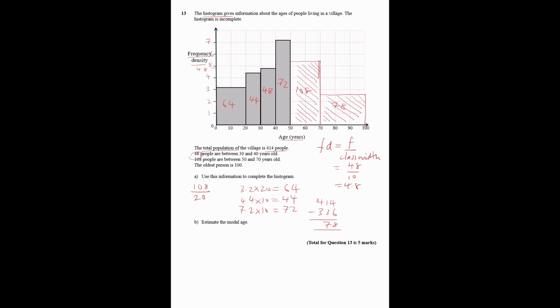What we need to do is go to the class that's got the highest frequency density, and we join the top left corner to the top left of the next class, and then we join the top right to the top right of the previous one.